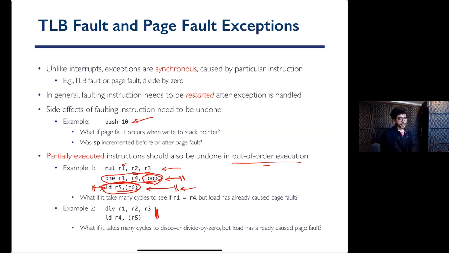This is another example. So you're dividing R2 and R3, putting the result in R1, and then you have a load. So most out of order execution, they say, well, these two instructions are totally unrelated. The first one works with R1, R2, and R3. The second one works with R4 and R5.